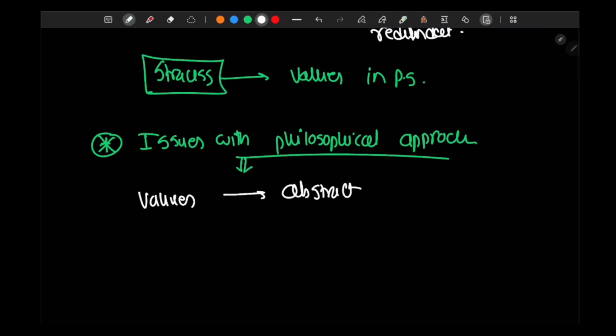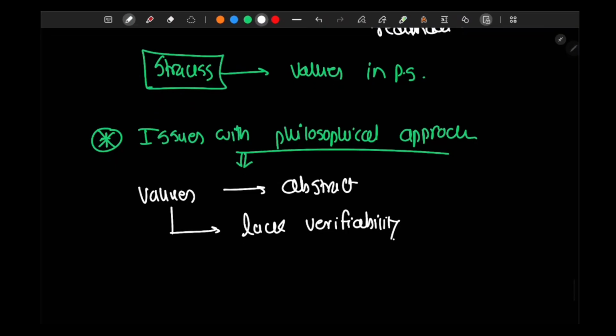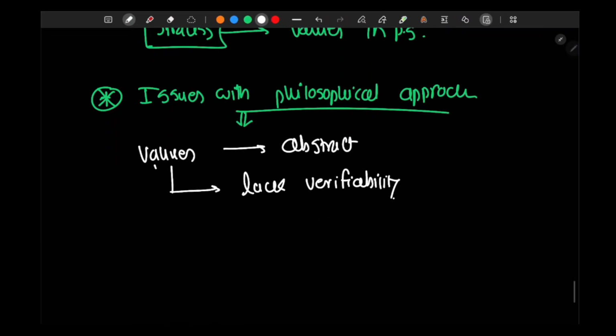That is, one type of value can mean different things for different people. Values lack verifiability. With values which are normative, there is an issue of biasness. Values can be biased. Equality can be biased.